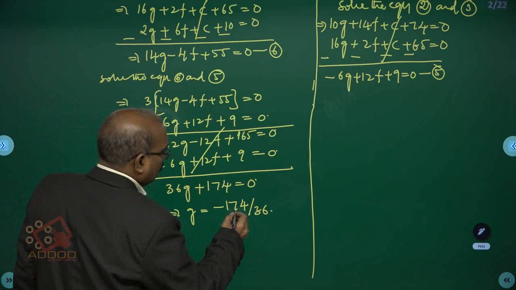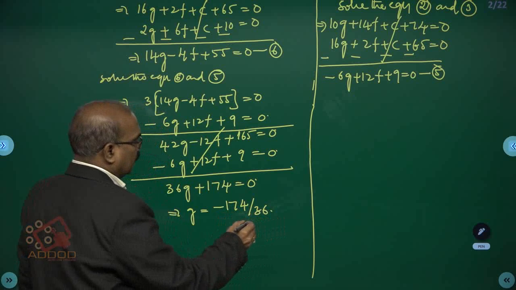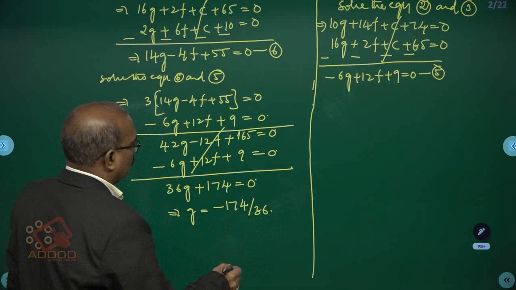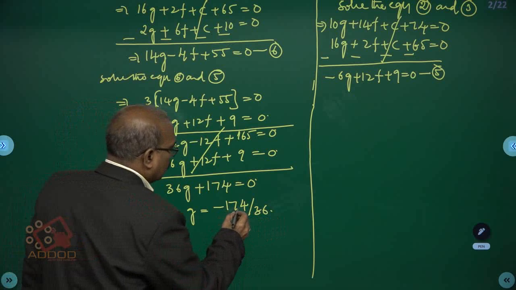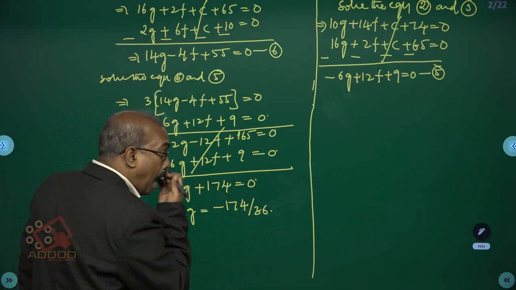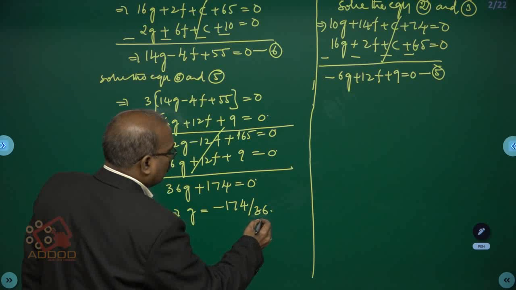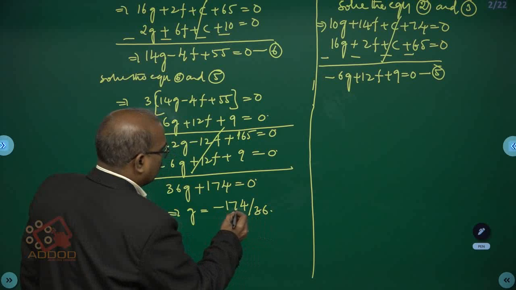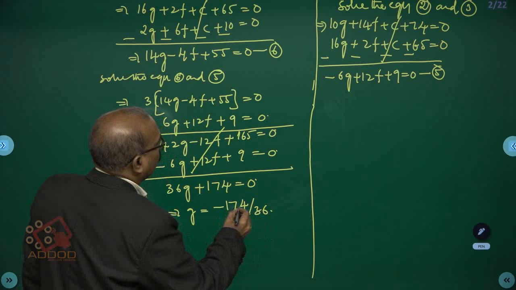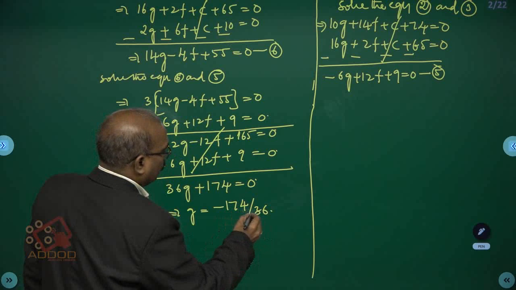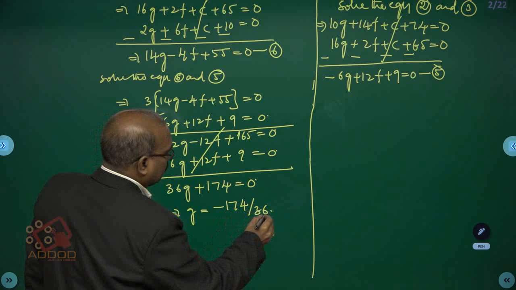Now here 2 nines are 18, 9 fours are 36. So here 36 means 4 nines, 4 sixes are 24. 174 by 36.